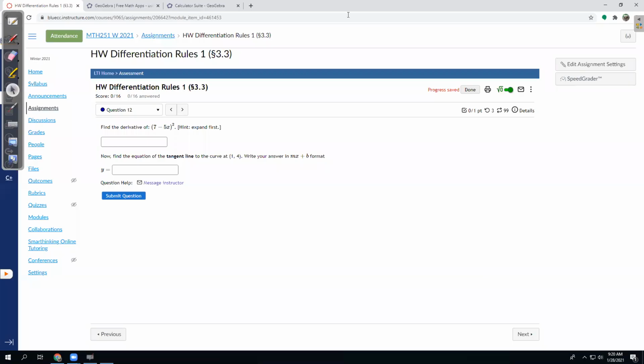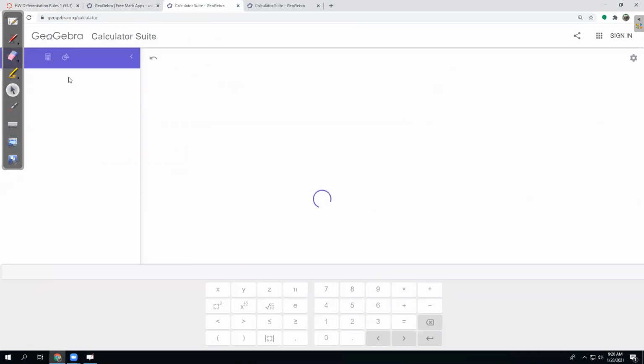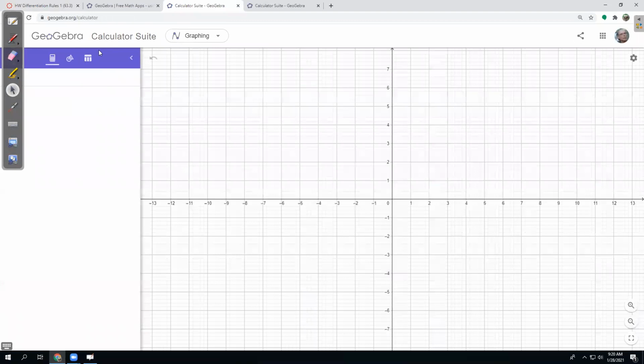So let's get a new version of GeoGebra here. And now I could have made mistakes anywhere, so I'm going to go way back to the beginning where they told me the function was equal to that square. So f of x equals, parentheses, 7 minus 5x raised to the second power. All right, so there's my function right there.